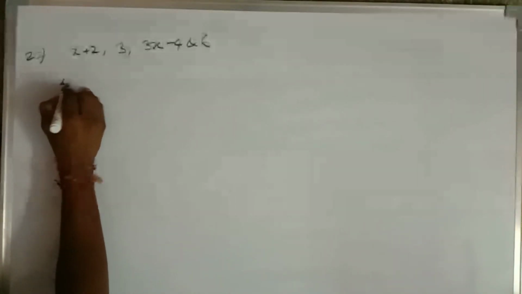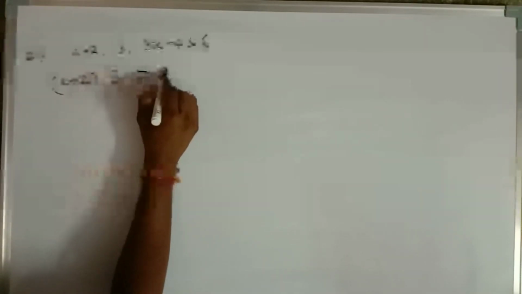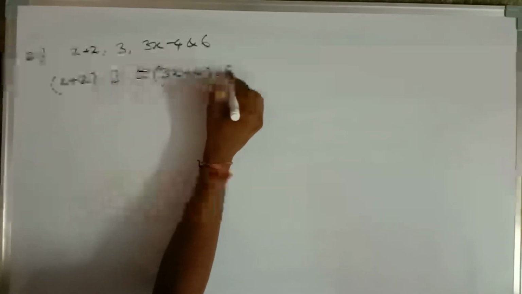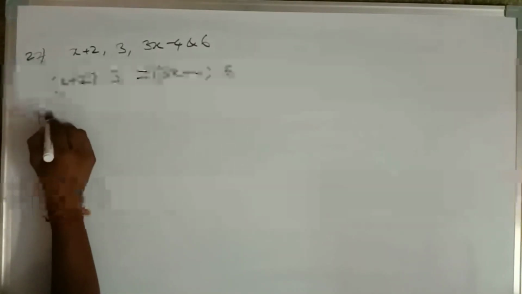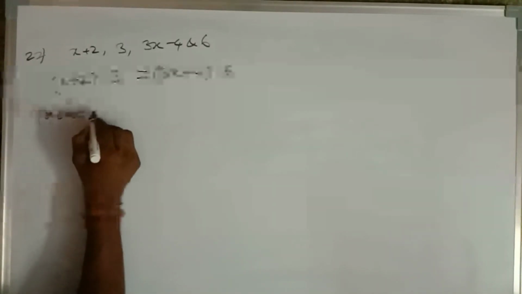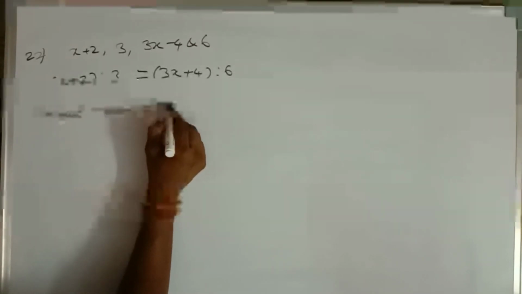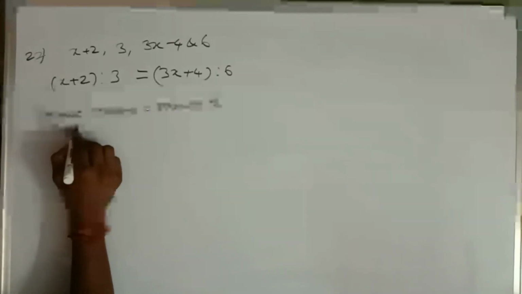That is x plus 2 is to 3 is equal to 3x minus 4 is to 6. They are in proportion. Now the formula is product of means is equal to product of extremes.